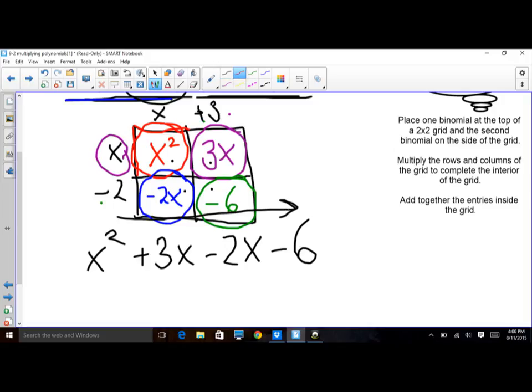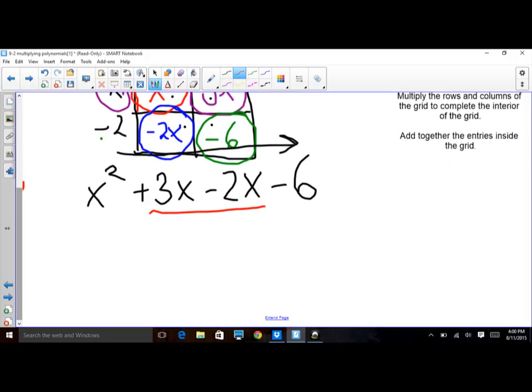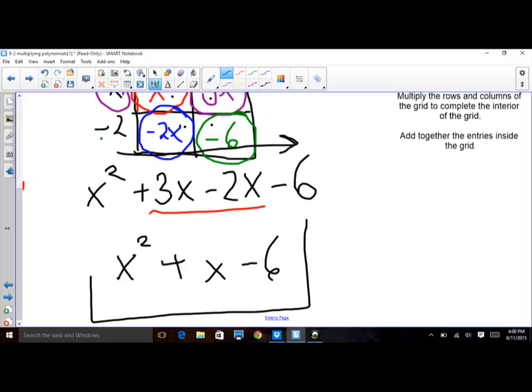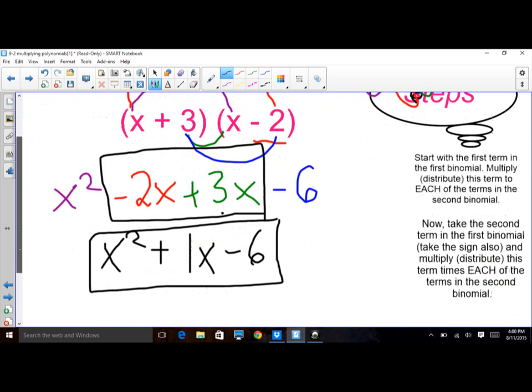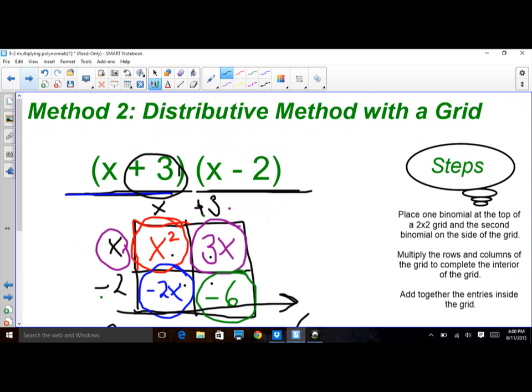Now you want to combine like terms wherever you can. Here in the middle, yet again, it is pretty common, as I said before. x squared plus 1x, you could just write x if you'd like, minus 6 is our final polynomial. Let's just check to make sure those answers match. And they do, so we're in good shape.